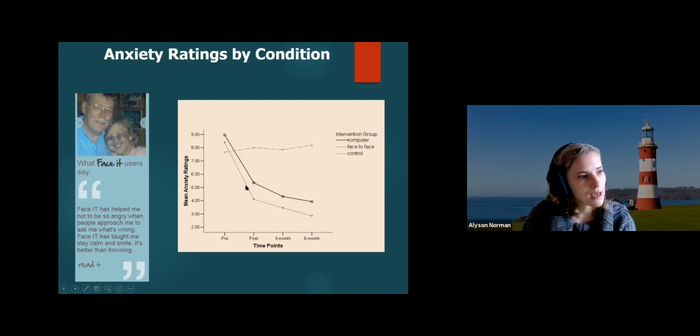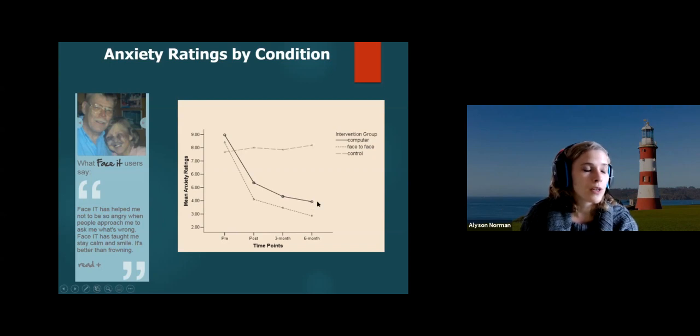As we can see, the lines are pretty similar for the face-to-face group and for the computer group, the FaceIT group, with the face-to-face delivery of the intervention being slightly more effective than the online delivery, which is again what we would expect to see in terms of delivery.